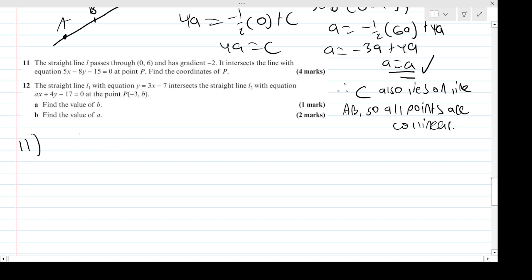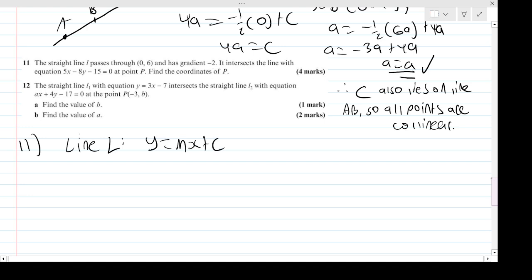So firstly, the straight line L, we're not told what the equation of the line L is, but we are told it passes through (0, 6) and has gradient minus 2. Now that is enough information to work out this equation in mx plus c form, okay, which will help us.